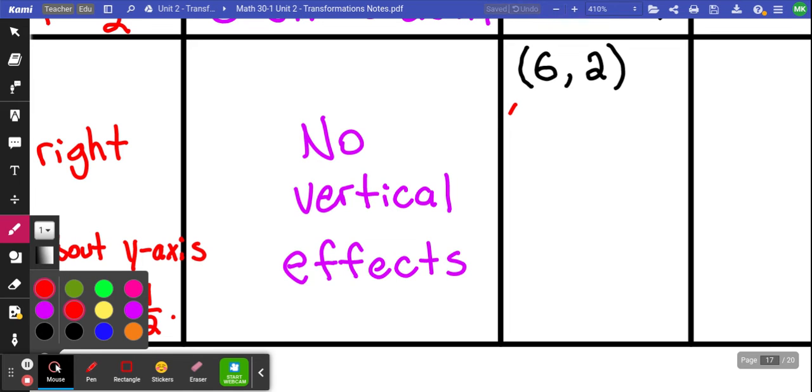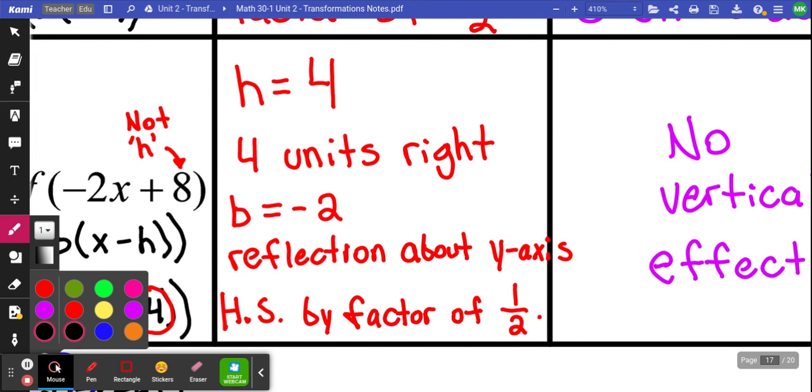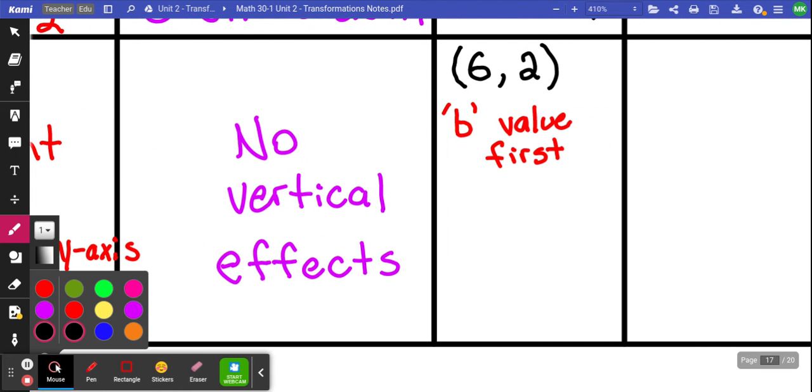So that means B value first. My B value was -2. So I'm multiplying by a factor of 1/2, but it is -1/2 because the negative gives me the reflection.